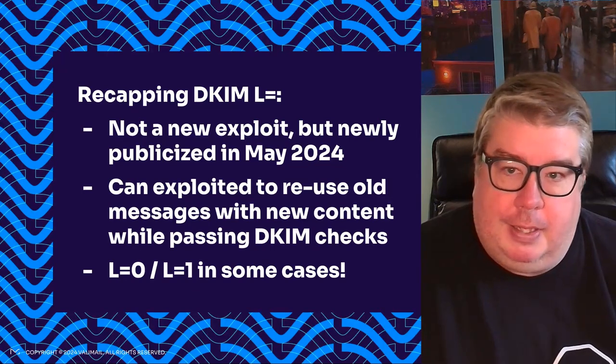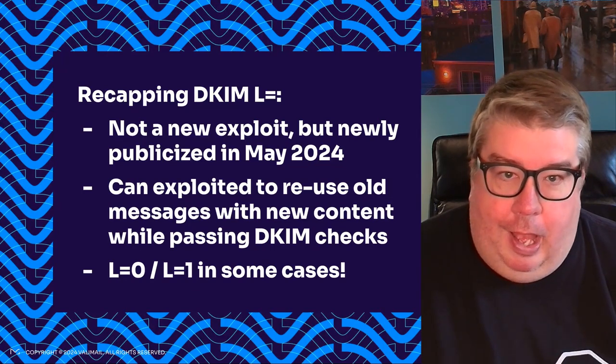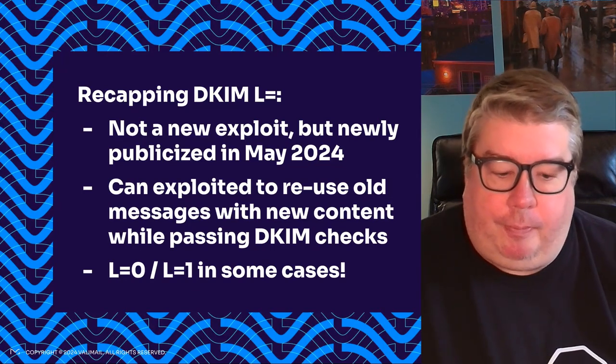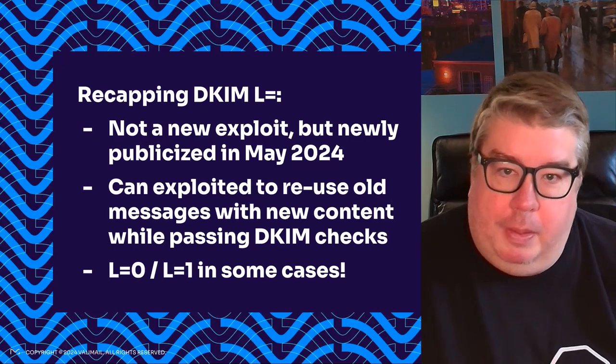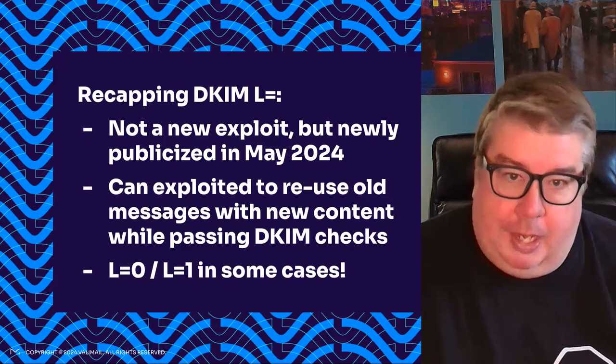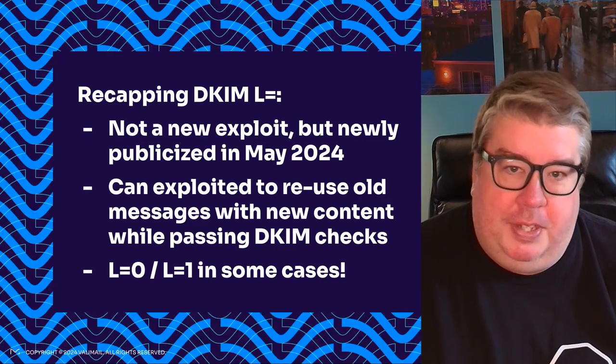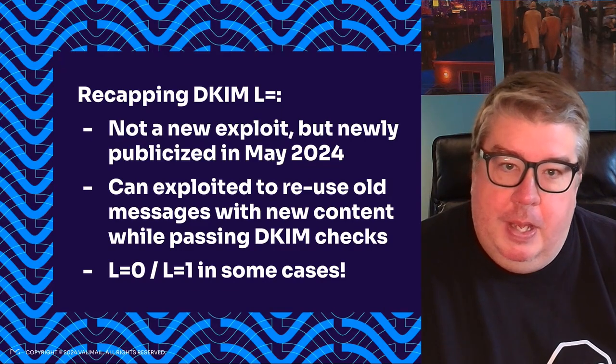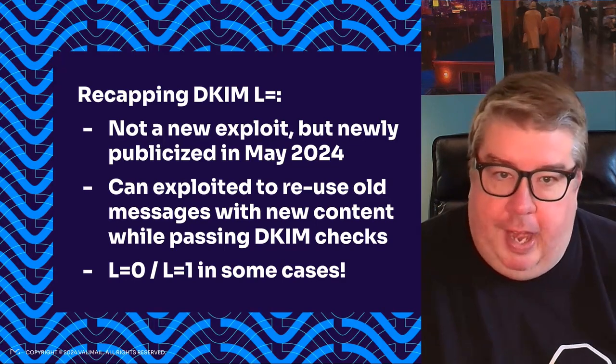So in some cases, this limit, this L tag, was so misconfigured that basically no part of the body, or only one character of the body, was actually protected by the DKIM signature. That's meant to tell a receiving site whether or not messages have been modified since they were initially created.